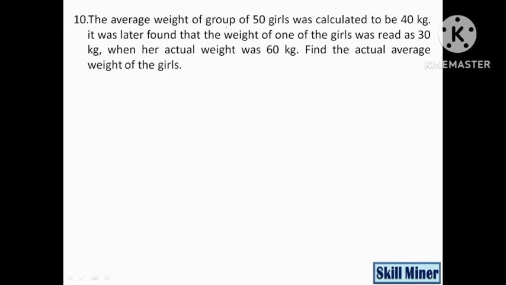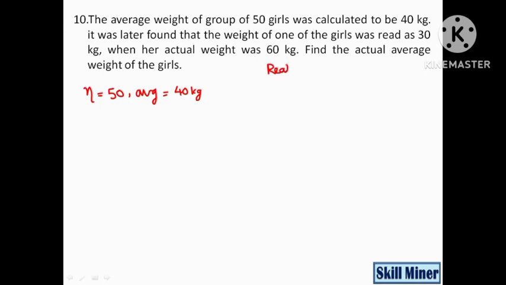The average weight of a group of 50 girls was calculated to be 40 kg. There are 50 girls. Average is calculated as 40 kg. Okay. It was later found that the weight of one of the girls was read as 30 kg when her actual weight was 60 kg.